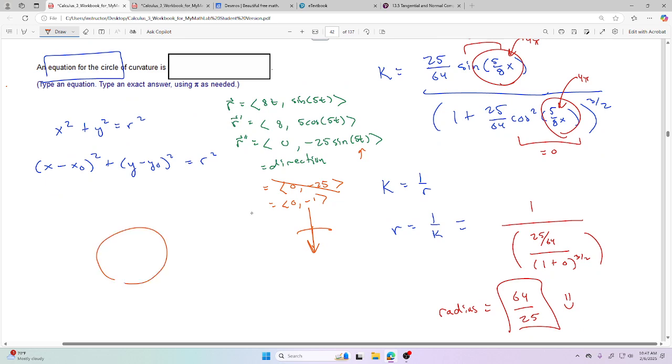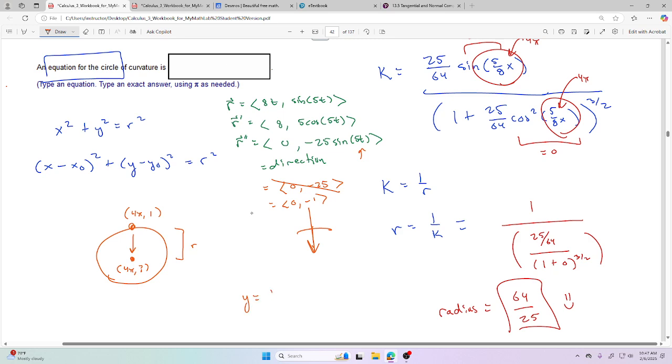Because if you think about it, what we have is a point right here, and they say that's 4 pi comma 1. And then I'm going to go straight down, and I want to find the center at 4 pi comma blah. And to get that, I go down a radius. So I'm literally subtracting this guy.